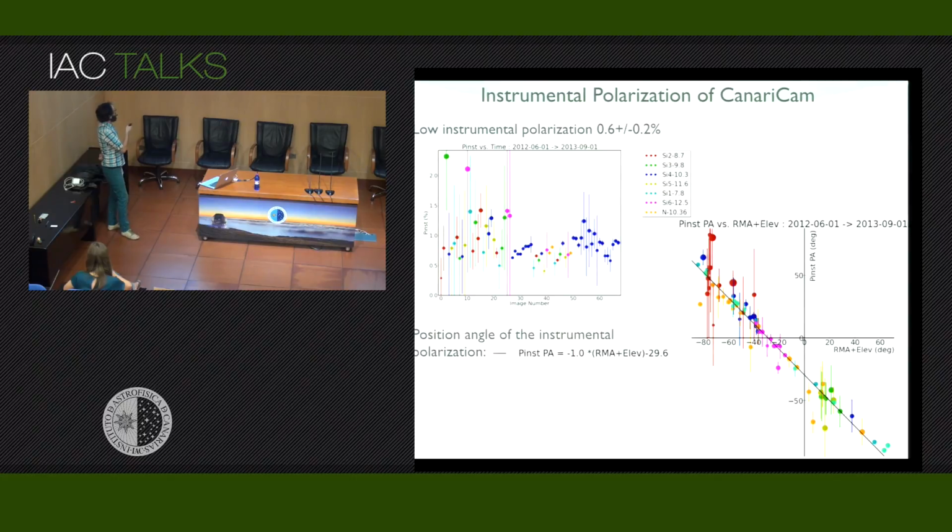The position angle of the instrumental polarization can be corrected easily by using the rotator angle of the observations, and also the elevation of the object.